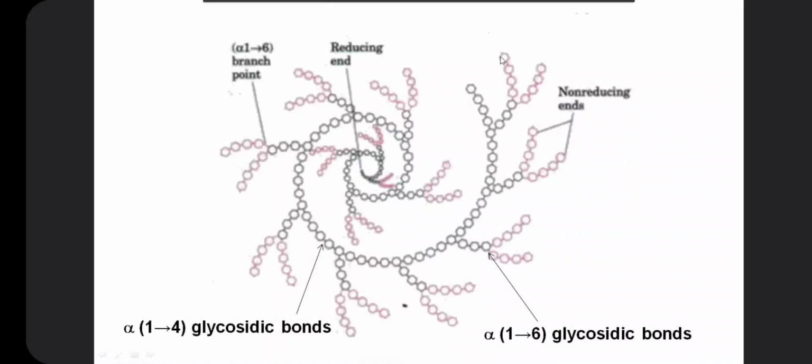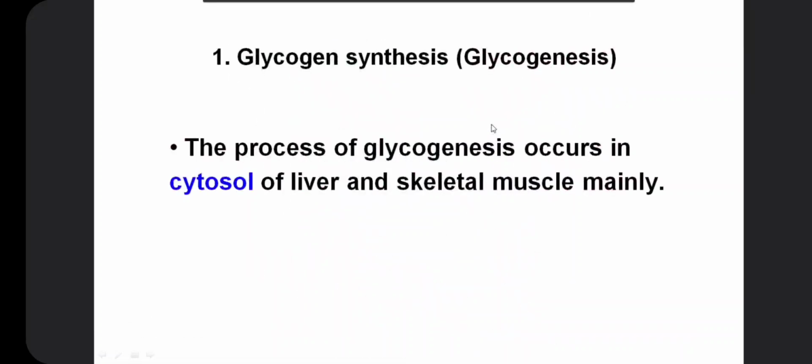This is also a non-reducing end, depending on how many branches it has. Okay, and after a meal, when the blood glucose concentration and insulin are higher, the glucose is mainly taken up by liver and muscle and used to replenish their glycogen stores. Glycogen occurs mainly in liver and muscle, and is not stored appreciably in any other cells in the body.